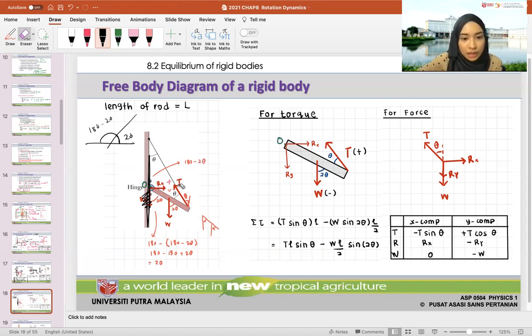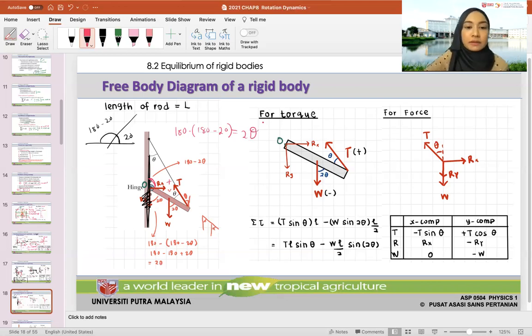And this is a triangle. The total angle in a triangle is 180. Therefore, if this one is 180 minus 20, these two angles are going to be equal to 2 theta.